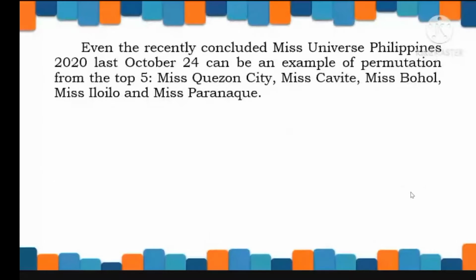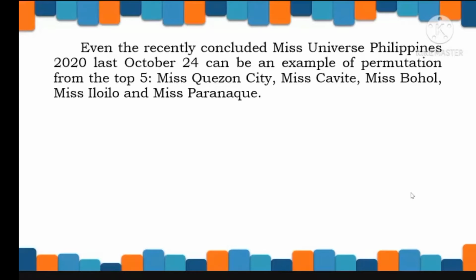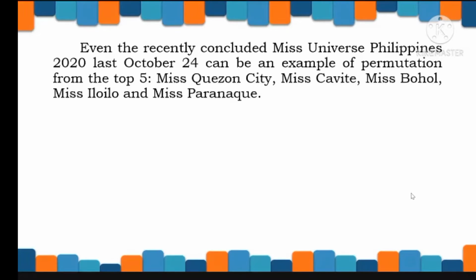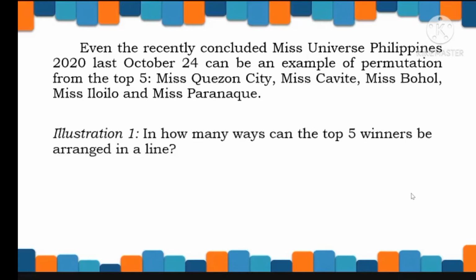Even the recently concluded Miss Universe Philippines 2020, last October 24, can be an example of permutation from the top 5: Miss Quezon City, Miss Cavite, Miss Bohol, Miss Iloilo, and Miss Parañaque. In how many ways can the top 5 winners be arranged in a line?